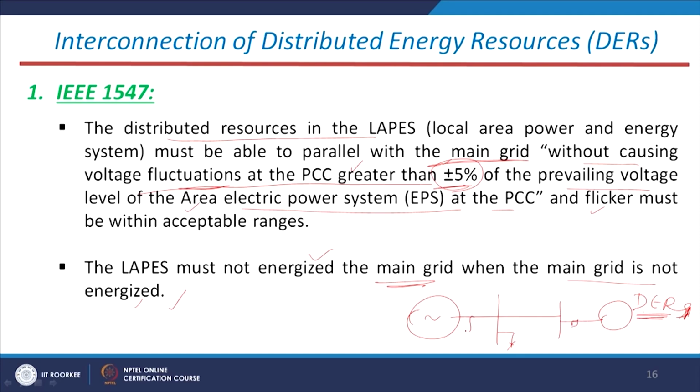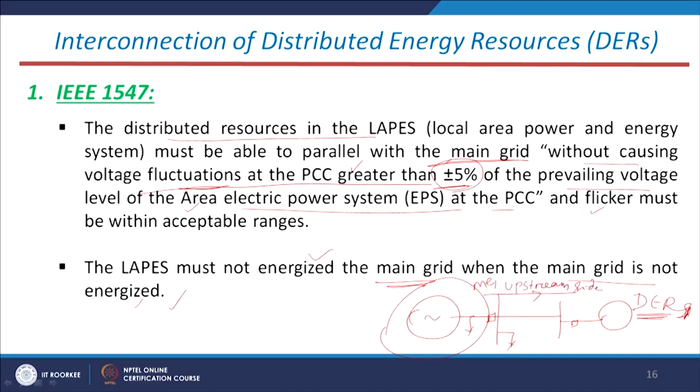Due to some fault at this terminal, at the main grid side, this main grid may be disconnected from the rest of my network. As we expect, the main grid is supplying power, with the power flow like this. So, we may call it the upstream side.